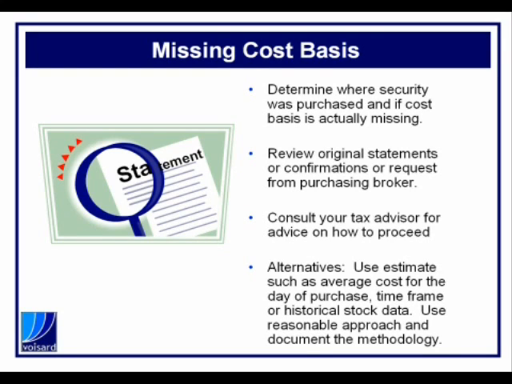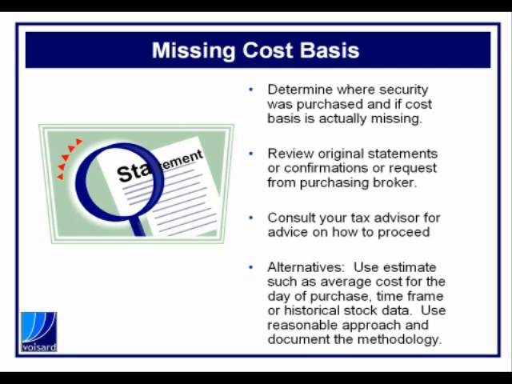The IRS is kind enough to give us some guidance here, and it says use a reasonable approach to determining cost basis. Well, reasonable is a fairly subjective term, and they may or may not like what you do. But I think if you use an estimate like your average cost for the day of purchase, so you might take your high cost and your low cost for that day, or you look at some historical stock data and say, well, I think I bought it in February of 2002.